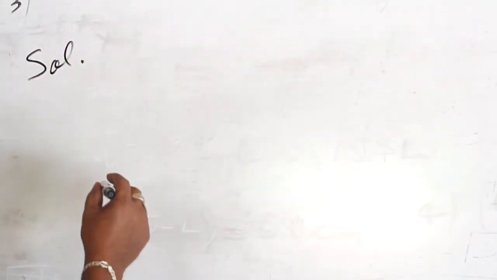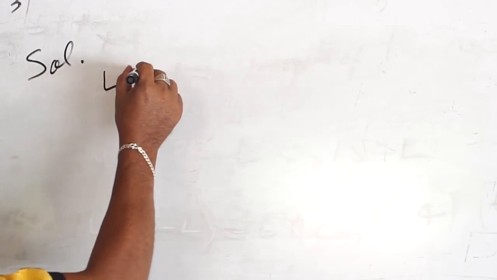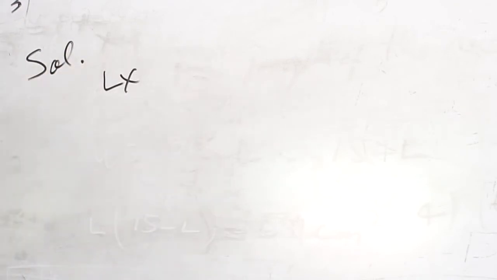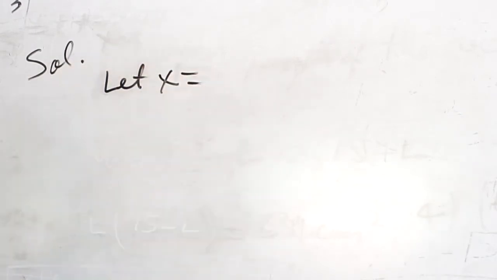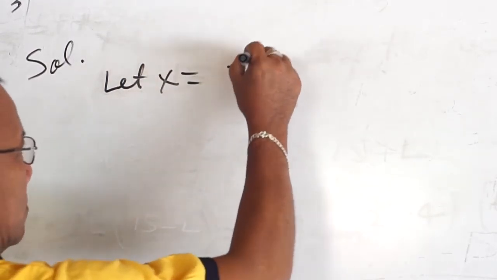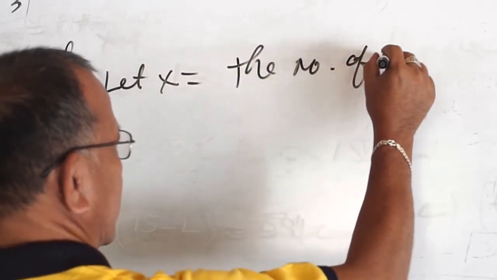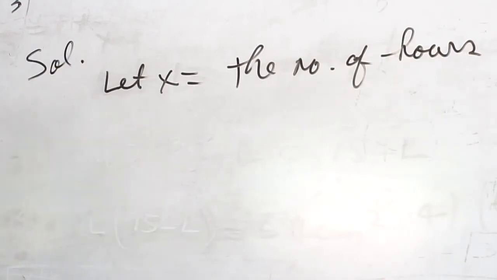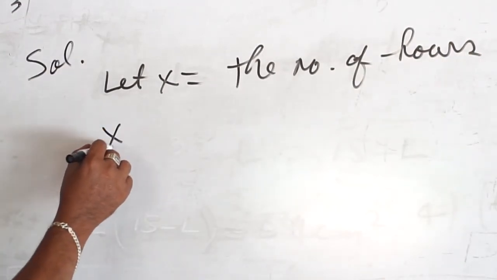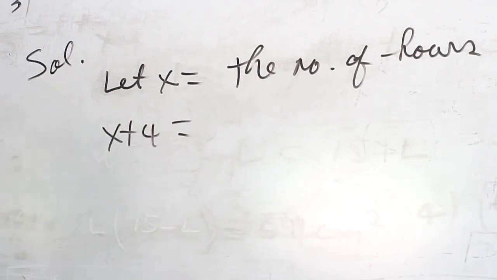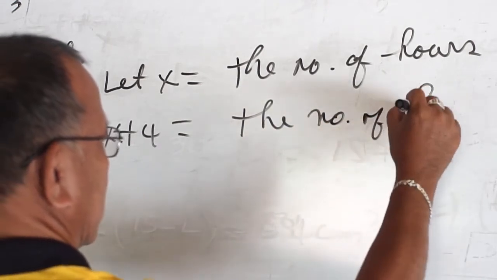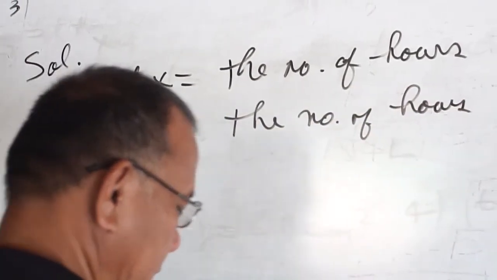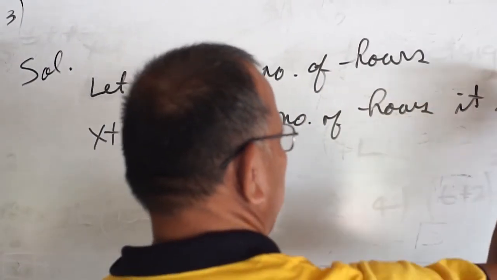Let x equal the number of hours it takes the mason. Then x plus 4 equals the number of hours it takes the helper.